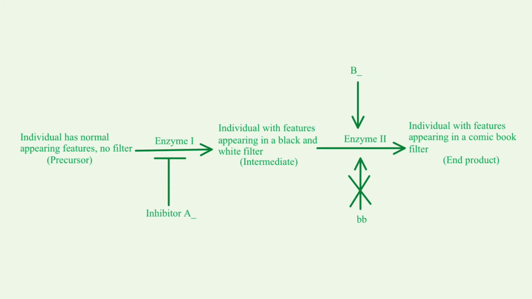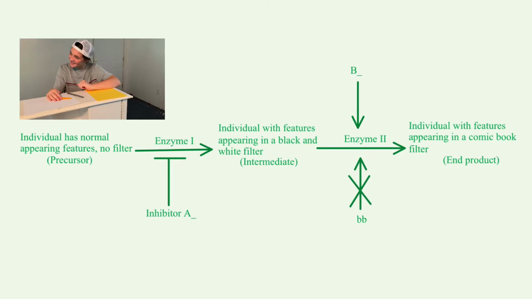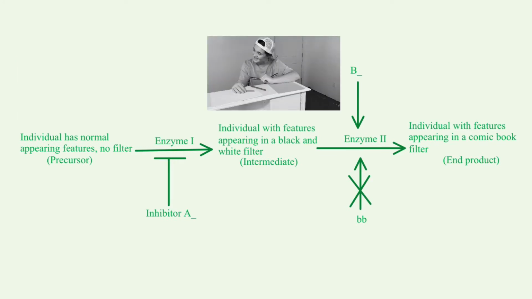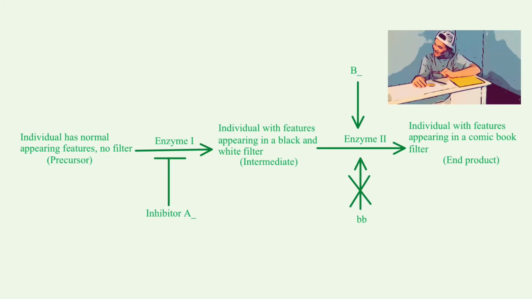If your genetic makeup happened to have the dominant A allele at locus 1, then you could not move past the enzymatic checkpoint because it's an inhibitor. Then you would have the no-filter precursor over your appearance. However, if you have 2 recessive alleles instead of the dominant allele at locus 1, you could move to the intermediate black filter, and then if you met the enzymatic checkpoint for locus 2, you could also move into the end product filter, which is the comic book.